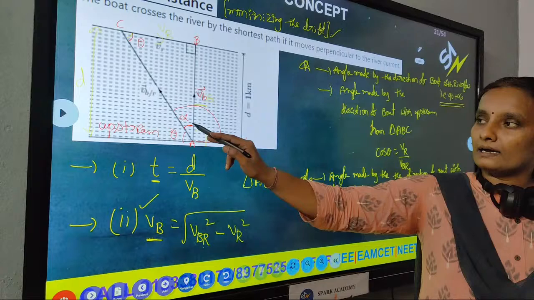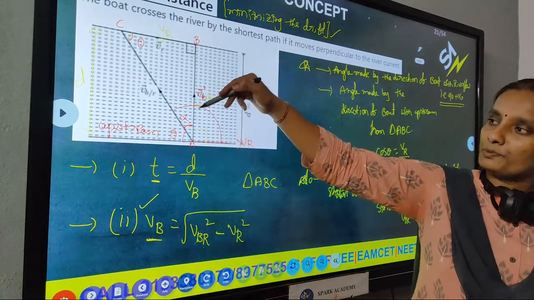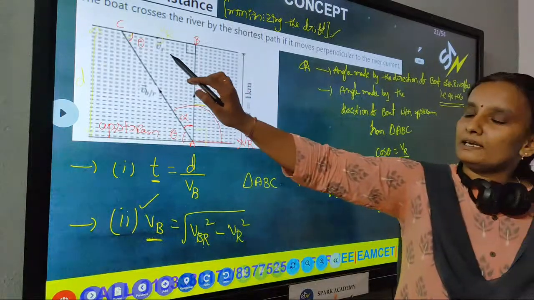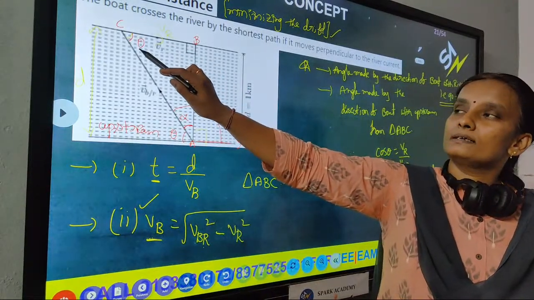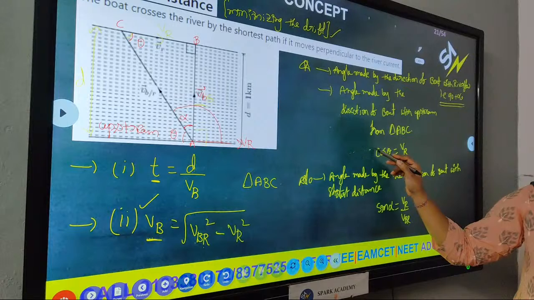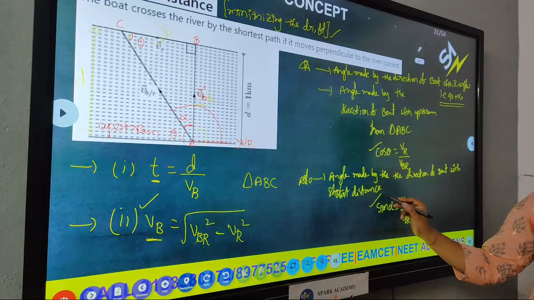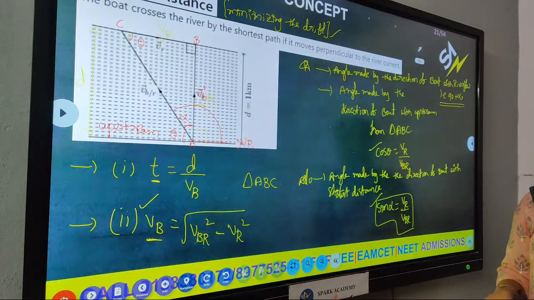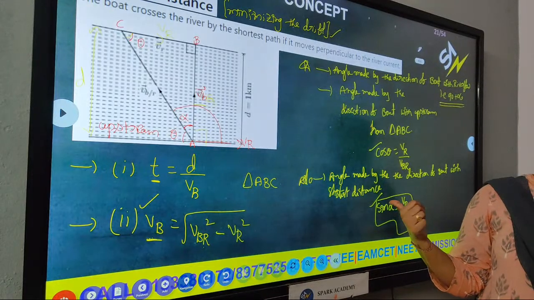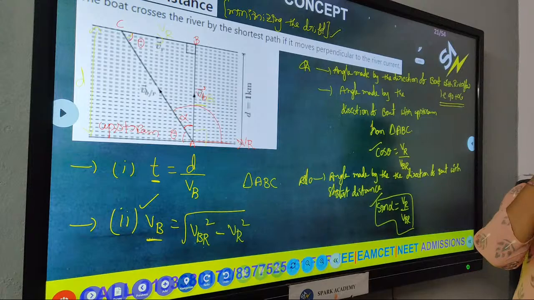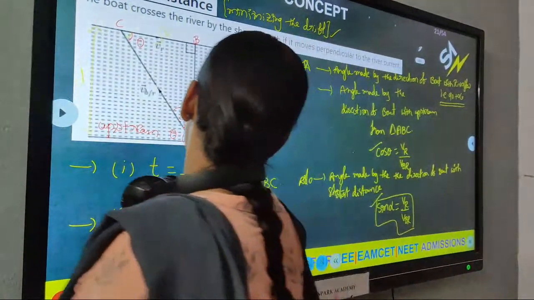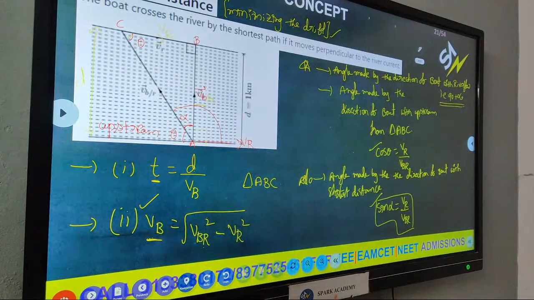We need to find alpha, and the river flow is opposite to that, so we take sin alpha. And when it makes angle theta, river flow is adjacent to that, so we consider cos theta. So here it is sin alpha. Need to be careful which angle they are asking. So in these three ways about the riverboat concept, we can expect the questions. It is an example of relative motion in 2 dimensions.